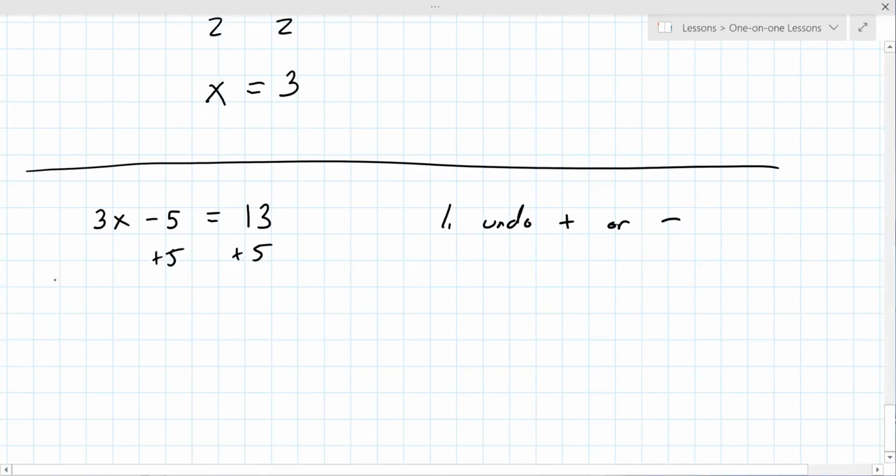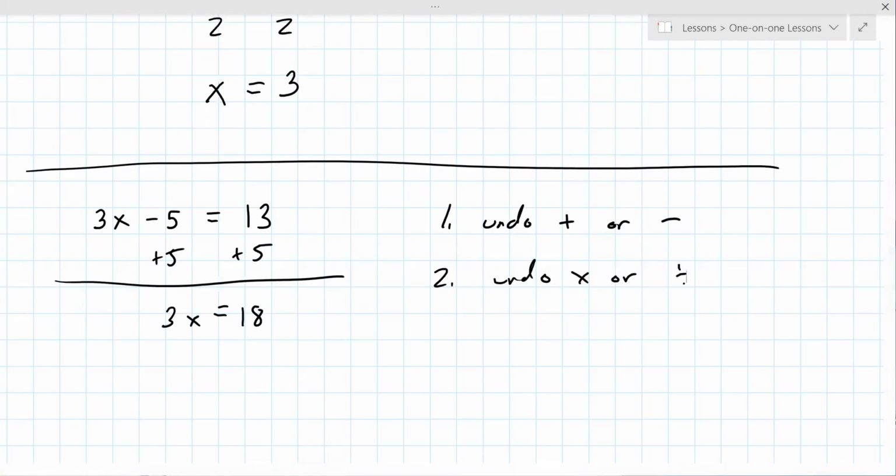Now on the left side it becomes 3x. The second thing you're going to do is undo multiplication or division. So we divide both sides by 3. So x equals 6. Very good.